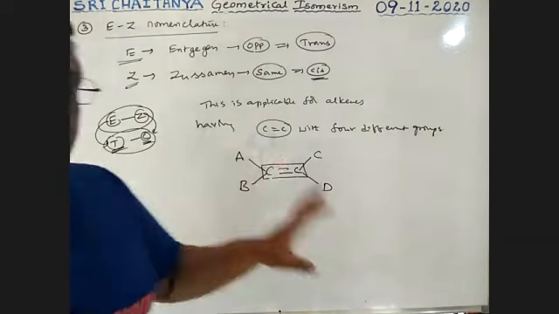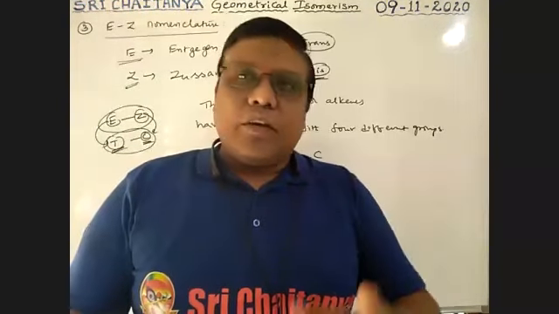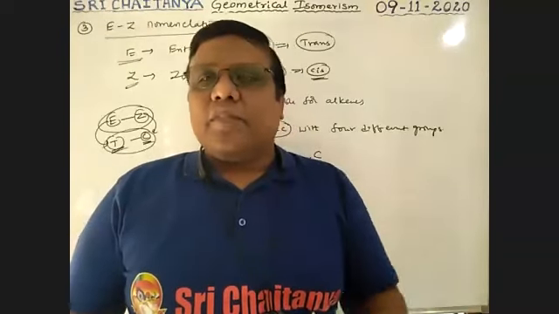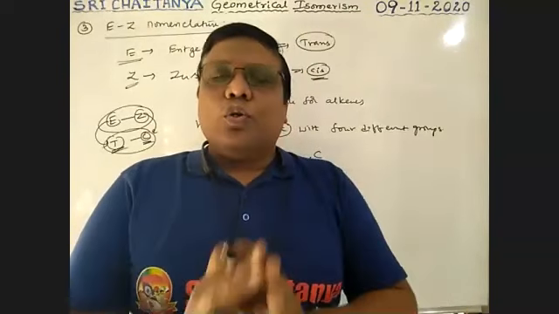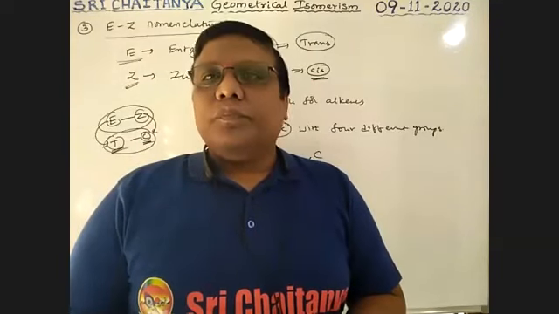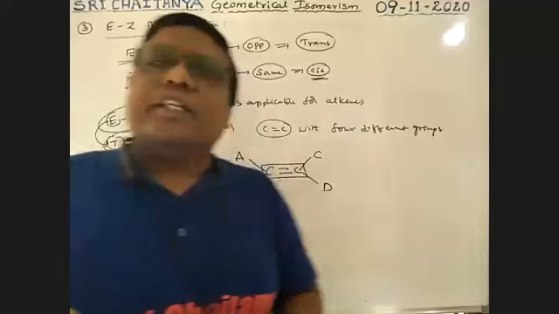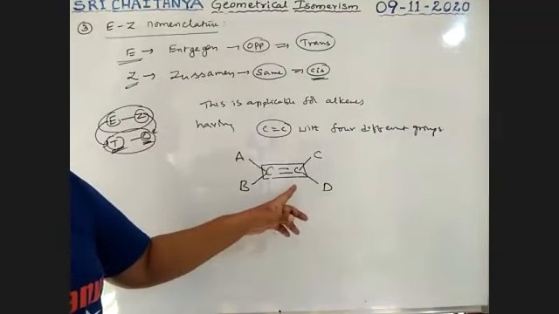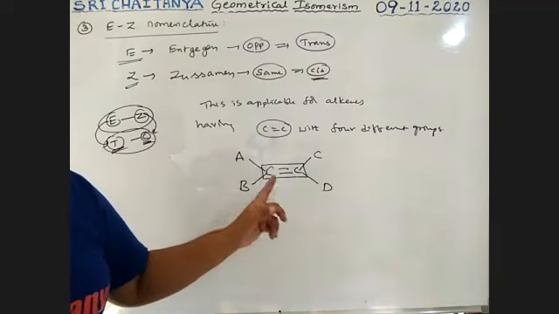Both the carbons have 2 valencies, total 4 valencies, and all 4 are satisfied with 4 different groups. No 2 groups are the same. Then EZ nomenclature is applicable. Boys, this point is very, very important. It is a valid point.